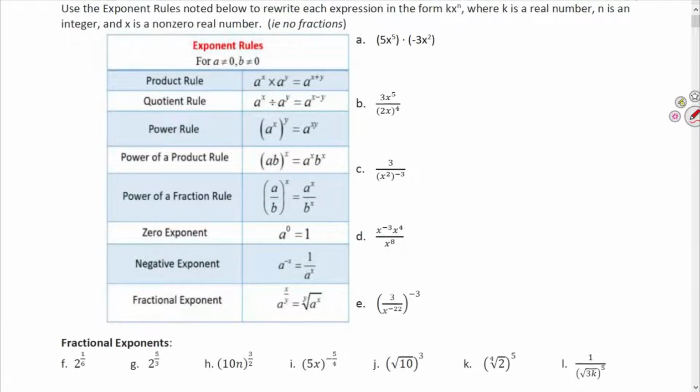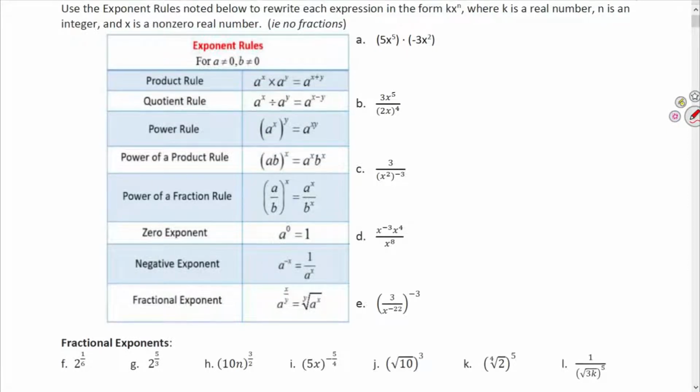I'm hoping that you've seen most of these before, but in case you haven't, I will introduce them slowly. And I'm actually going to go from the problems on the right and refer back to them and show why these rules work. In letter A, we have 5x to the fifth power times negative 3x squared.